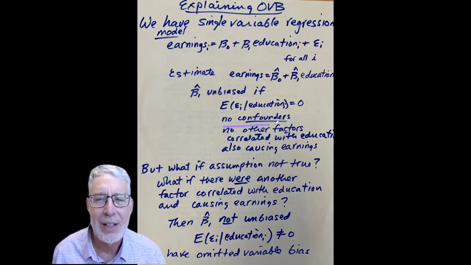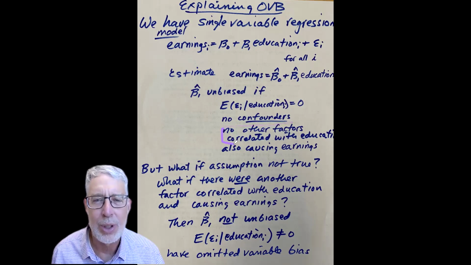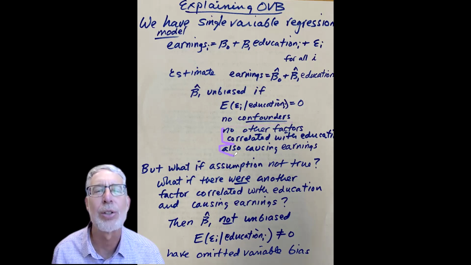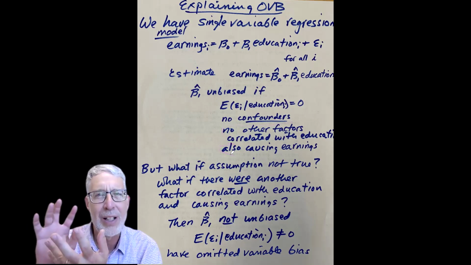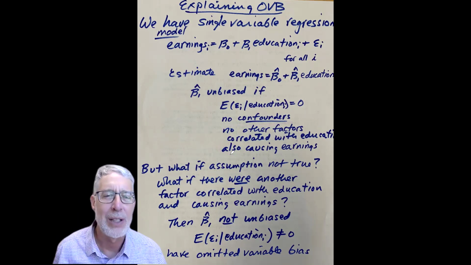That's the same thing as saying there are no confounders, no other factors that are correlated with education and also causing earnings. So our definition of a confounder is some other variable that's correlated with education and also explains earnings.